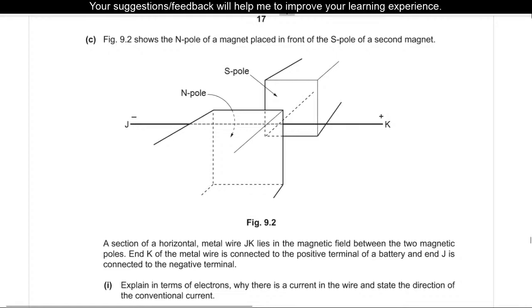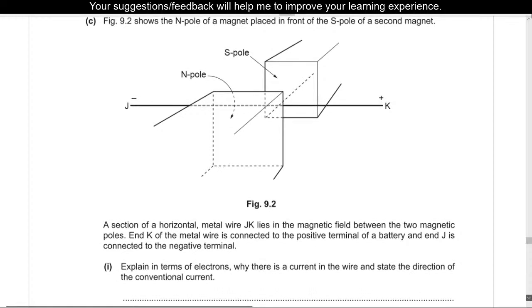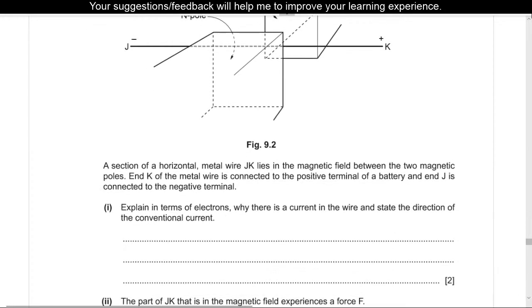Okay, figure shows the north pole of the magnet placed in front of the south pole of a second magnet. A section of horizontal metal wire JK lies in the magnetic field between the two magnetic poles, and K of the metal wire is connected to the positive terminal of the battery, and J is connected to the negative terminal.